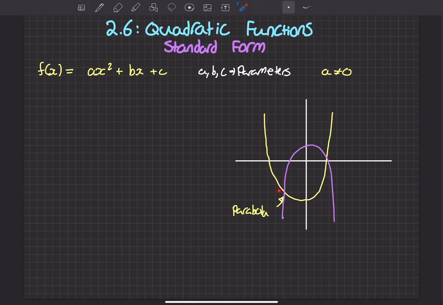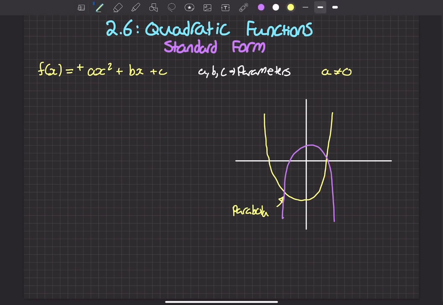And how do you know when your thing will look like this or like this? It's very simple actually. It will be opening upwards. It'll look like this when your a value, so this a here, is positive. So if you have 2x squared, you immediately know it's going to be something opening upwards.